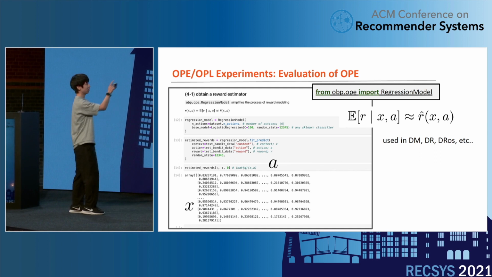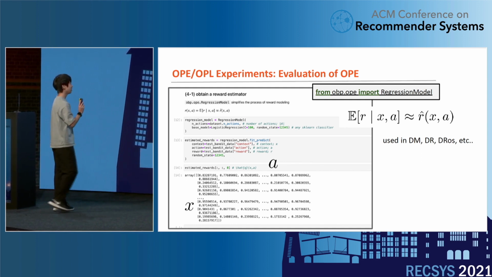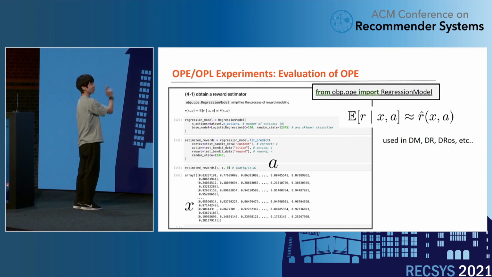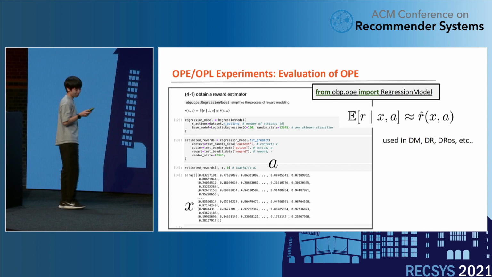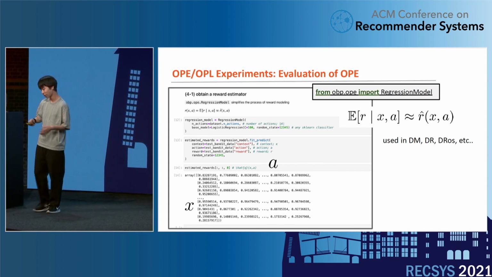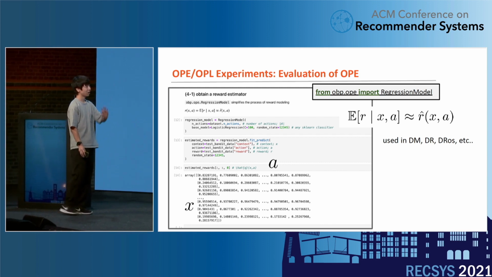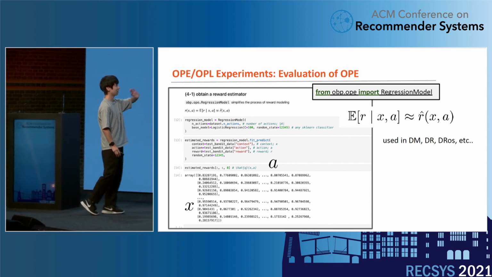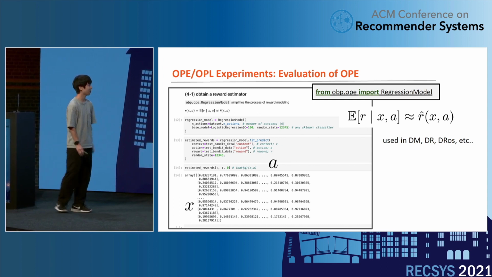This is implemented in the policy evaluation module of the package. And then what you have to do is to combine this regression model class with, again, your favorite choice of a scikit-learn classifier or regressor, depending on the reward type. Here we are using the binary reward, so this is going to be a scikit-learn classifier. Now I'm again using the simplest one, logistic regression.